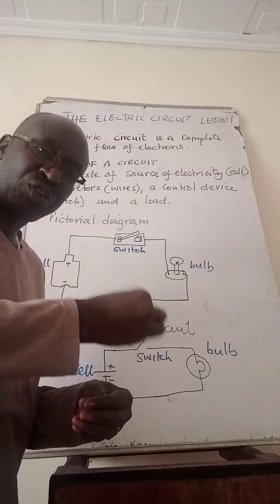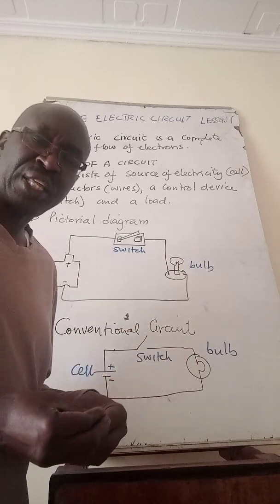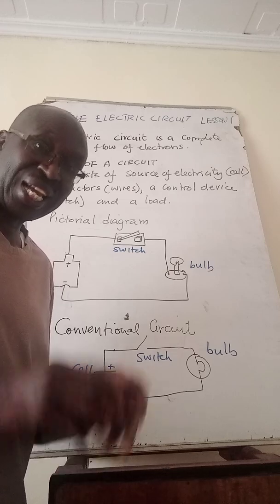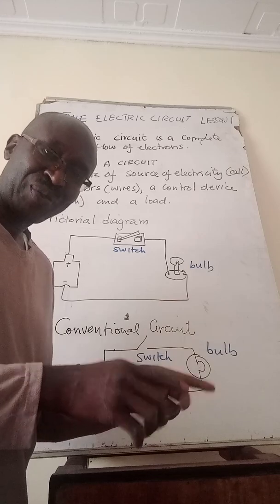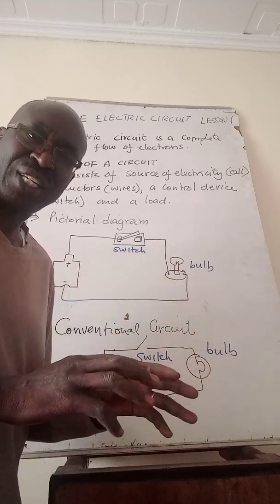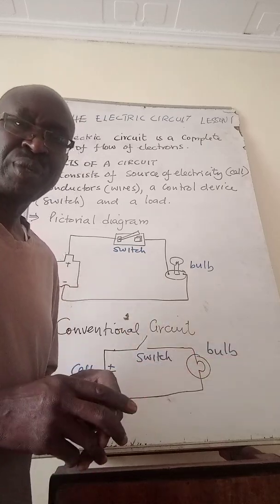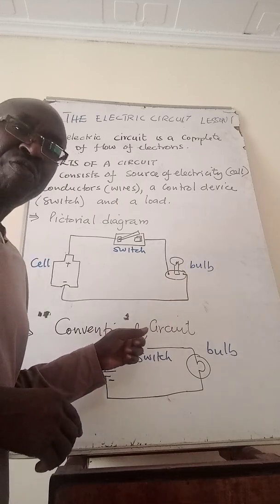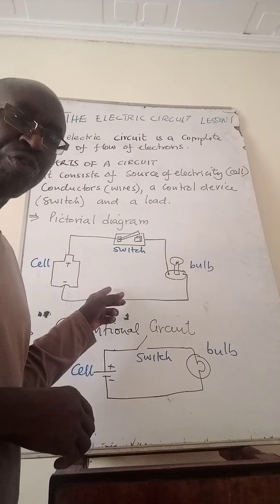So when those electrons flow in a path which is complete, then we talk of an electric circuit. We have different circuits. The bottom line, it is a path which is complete in one way or the other. Then we have seen the components of the circuit, conventionally how they are drawn, and the pictorial form.